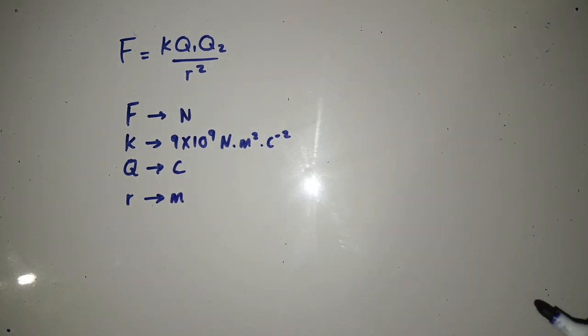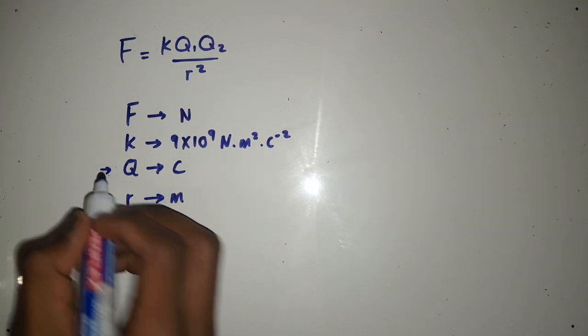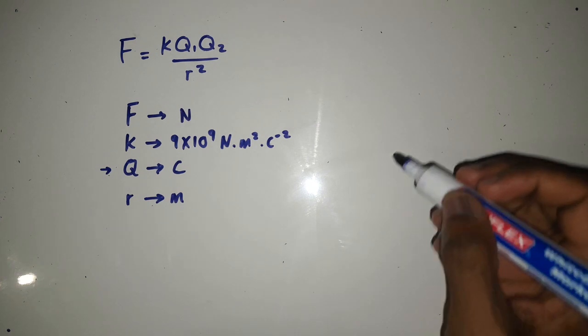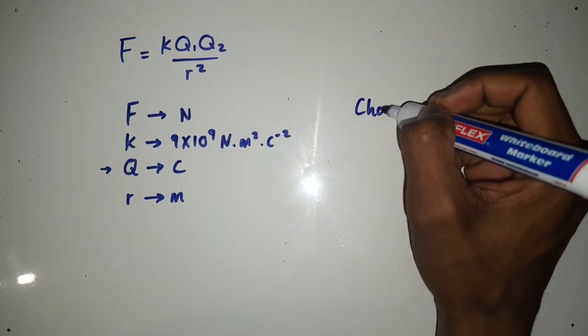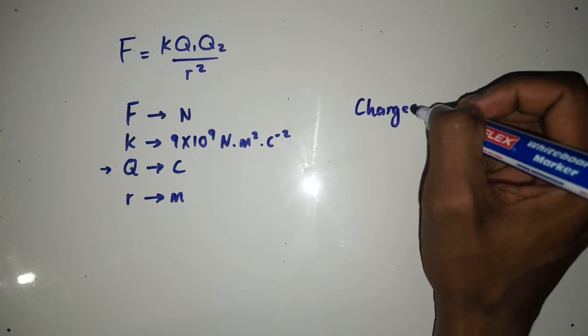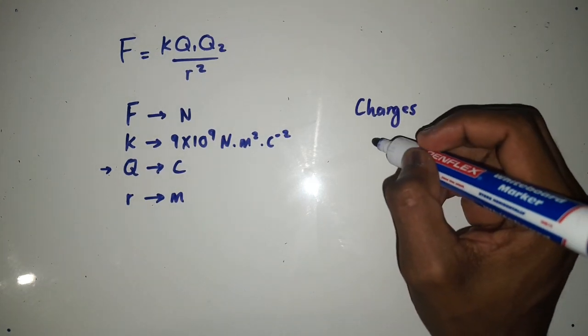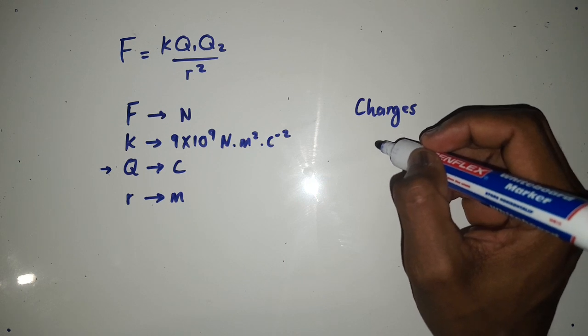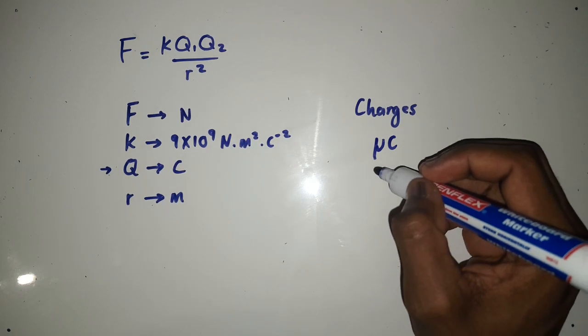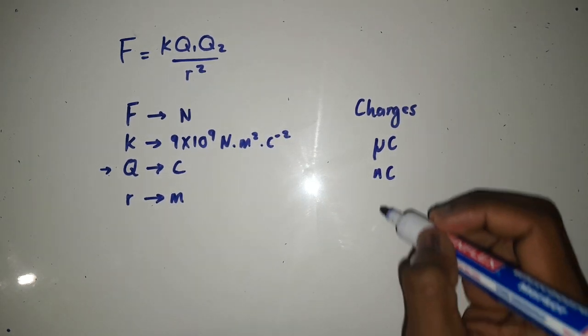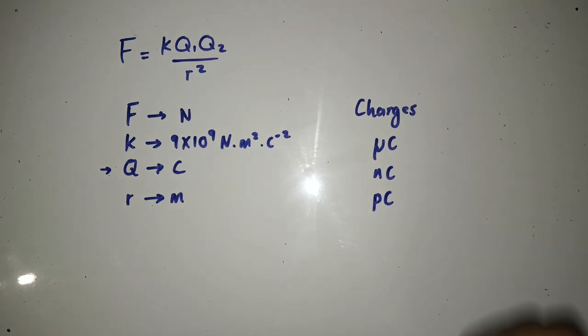Now, there are some things that you must know regarding charges. Regarding charges, we have a case whereby you'll get something like micro Coulomb, nano Coulomb, and pico Coulomb.